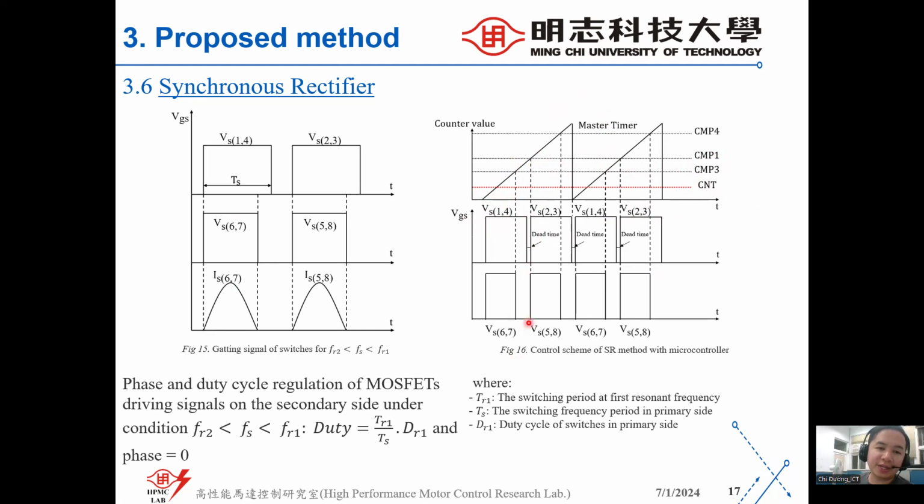VS6 and VS7 turn on while the counter register starts counting, and turn off when the counter equals compare 3. With the value of compare 3 following the analysis, we can simulate and implement synchronous rectification.